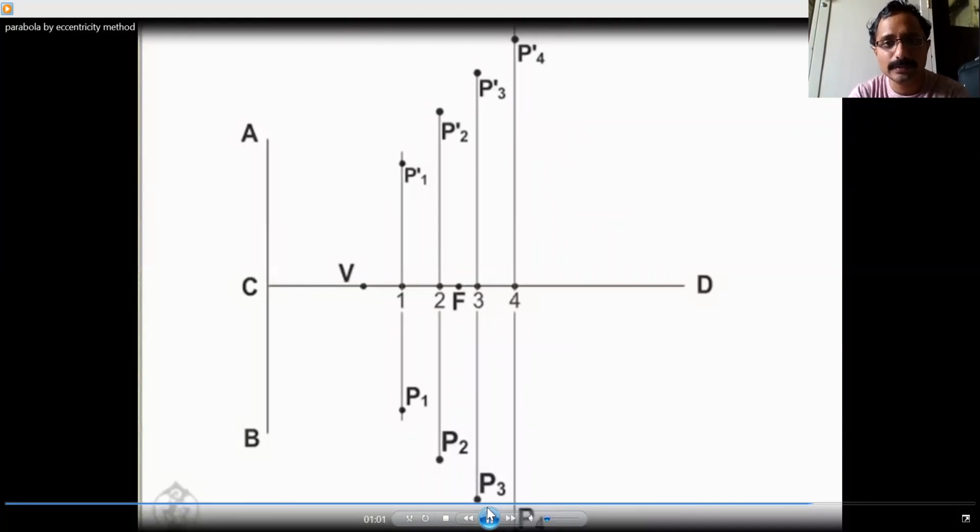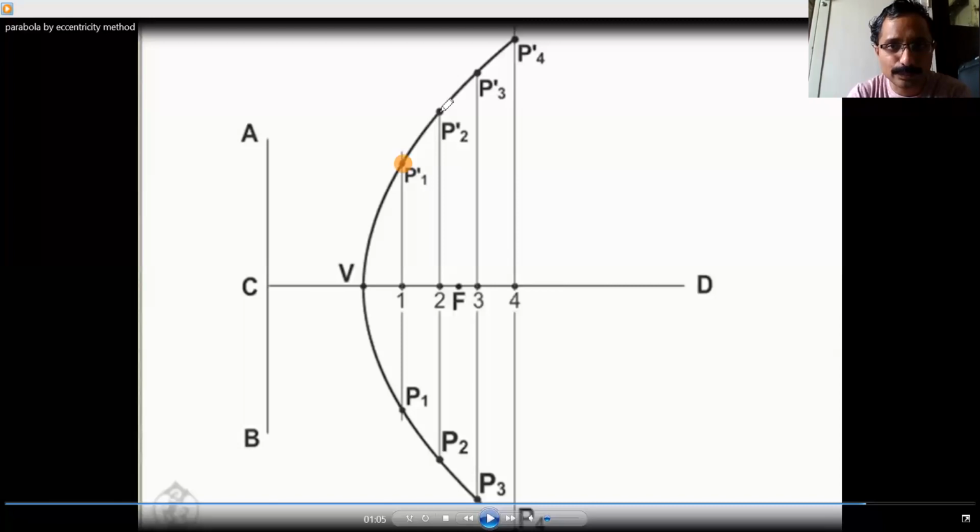Now, if you observe the arcs, let us say these are the points P1 prime, P2 prime, P3 prime, P4 prime above the axis, and some more points P1, P2, P3, P4 are below the axis.